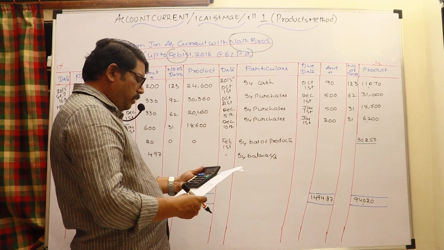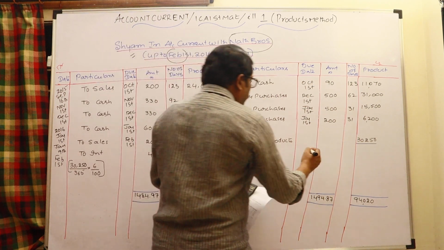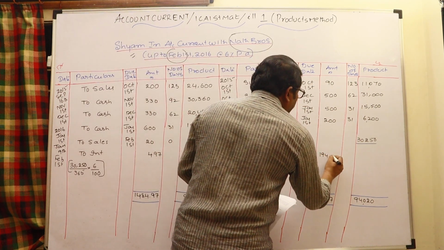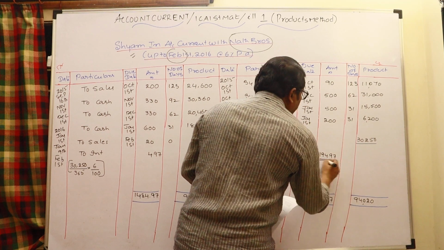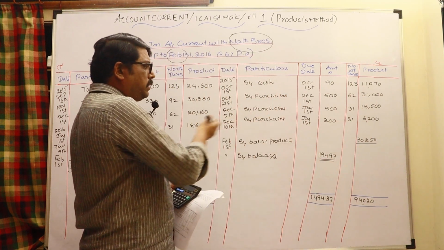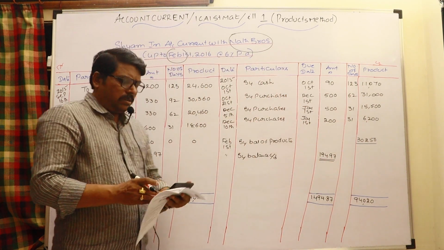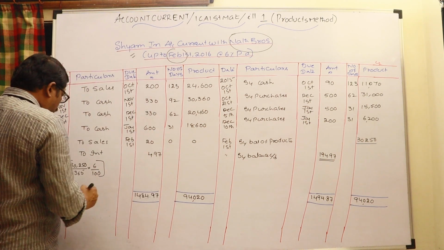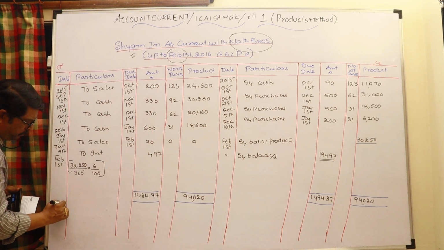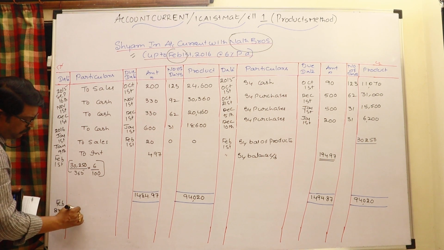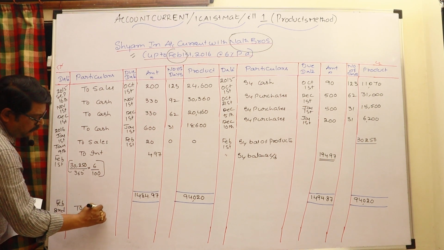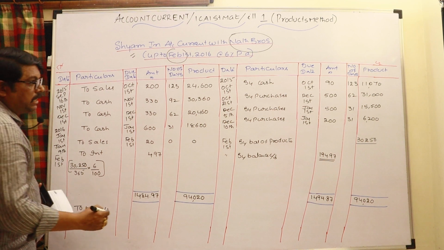The resulting amount is 194.97. That is the balance carried down as well as the balance brought down. February 1st carried down, February 2nd brought down. Write in the amount column.